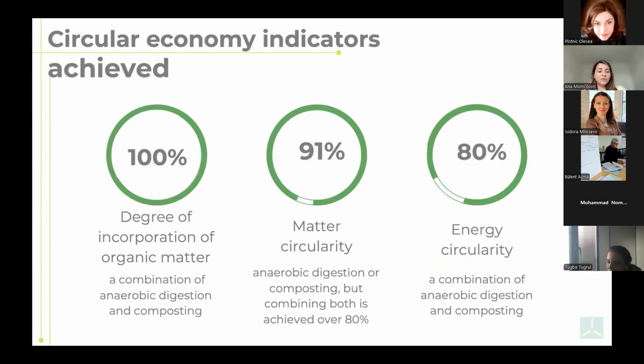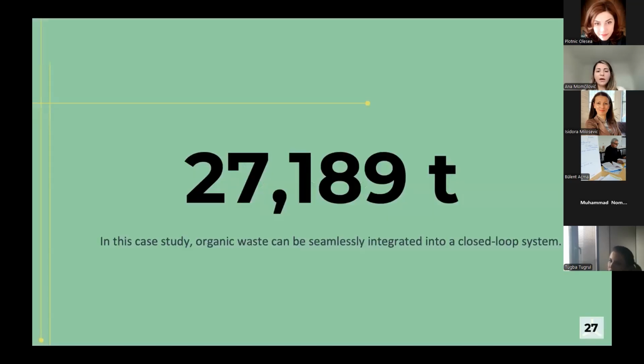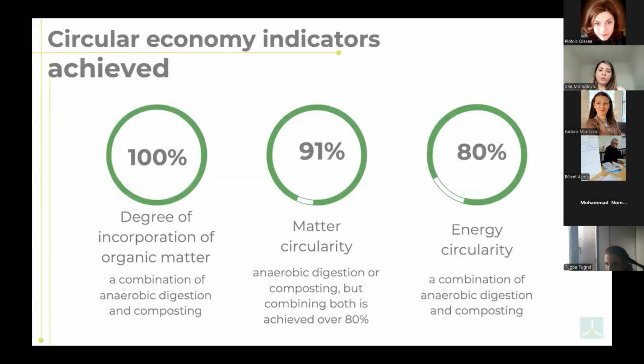So what we have achieved is 100% incorporation of organic matter in the closed loop. Also, the matter circularity can be achieved up to 91%. There is energy circularity up to 80% when there is a combination of anaerobic digestion and composting.